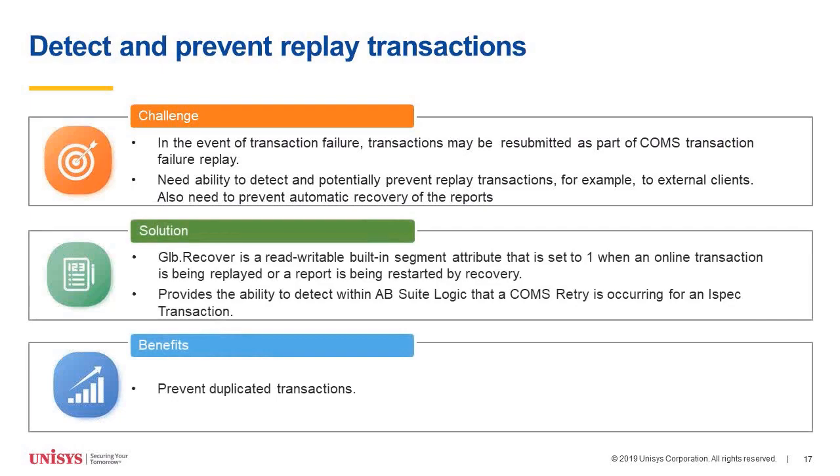They also need to prevent automatic recovery of the reports. With a new feature in this release, it provides the ability to detect within the AB Suite logic that a comms retry is occurring within an ISPEC transaction, and appropriate action can be taken. In terms of benefit, this helps to prevent duplicated transactions.